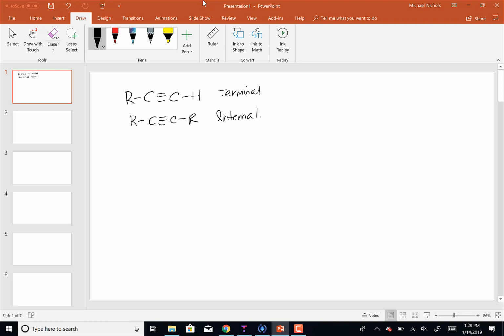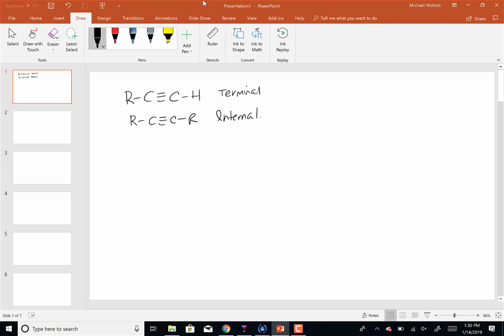So then my question would be, which of these 2 triple bonds is more stable? How many people say terminal? And you're going to have to raise your hands today.